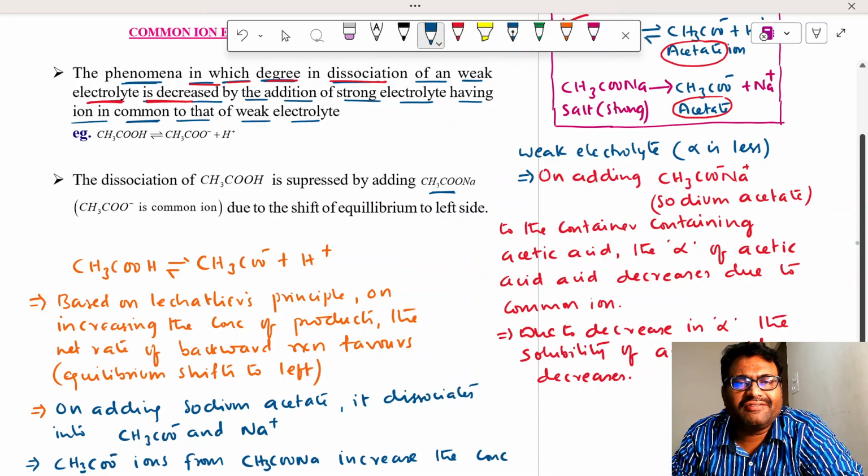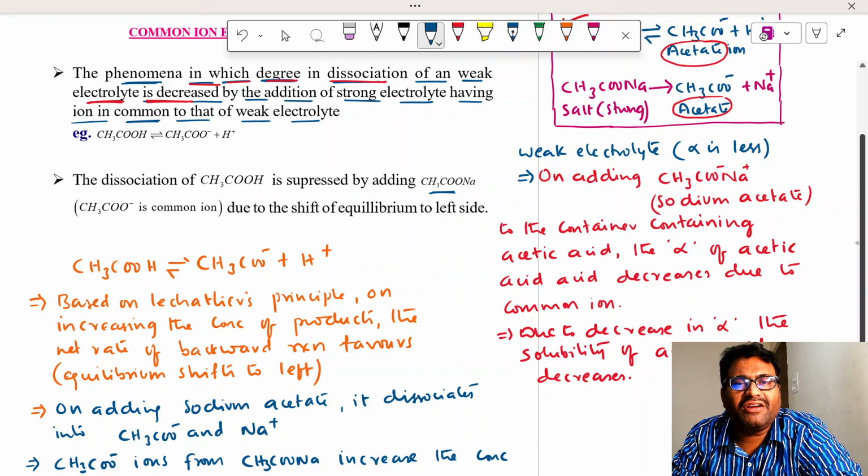Simple thing: when you add a salt containing a common ion to that of the ions produced from a weak electrolyte, due to the common ion effect the backward reaction occurs, so that the degree of dissociation of the weak electrolyte decreases, so that its solubility decreases.